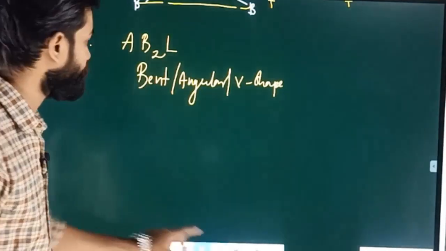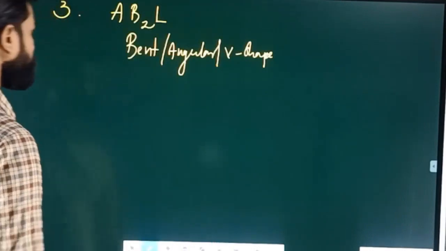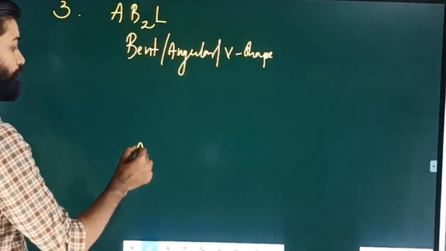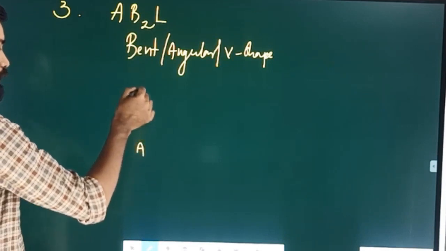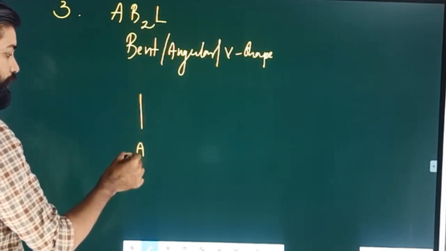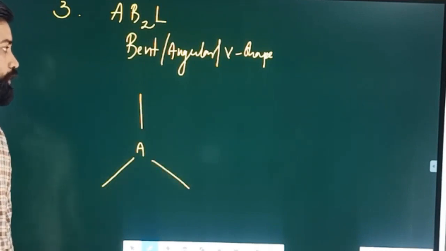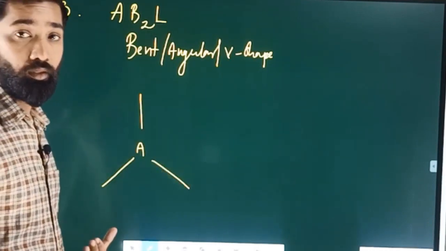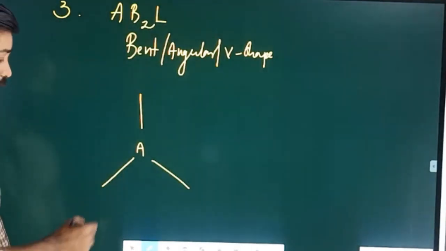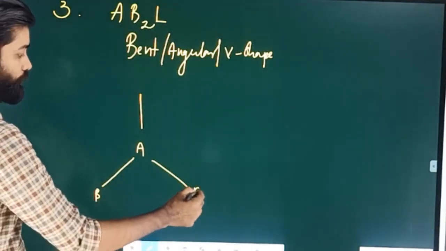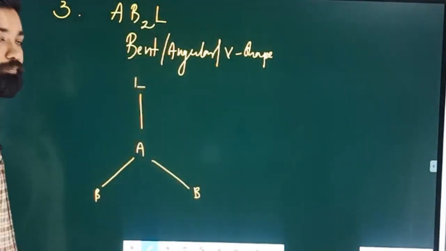Here the central atom is A, where the geometry is very same, trigonal planar, where these two are bonds and this is a lone pair.